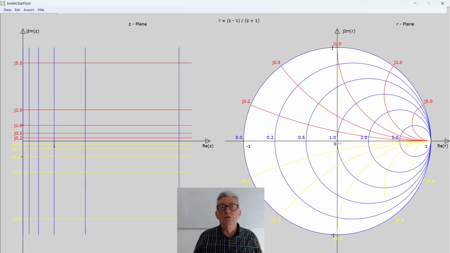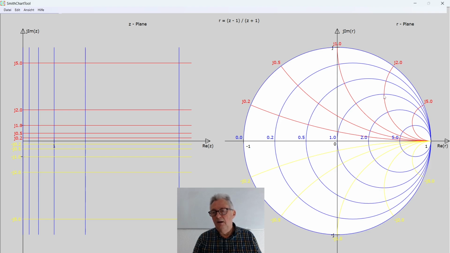And if I want to calculate a reflection coefficient, I just go into the Smith chart and tick, for example, a real part of 1 and an imaginary part of j2.